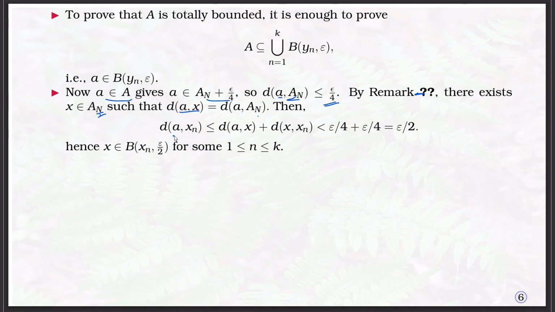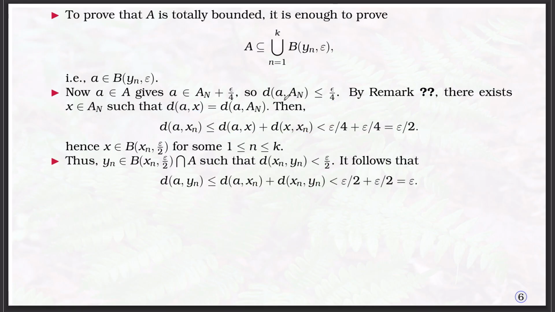Then the distance between a and x_n is less than or equal to the distance between a and x plus the distance between x and x_n. This is epsilon by 4, this is also epsilon by 4, so one can get epsilon by 2. Hence, a belongs to the ball with center x_n and radius epsilon by 2 for some n between 1 and k.